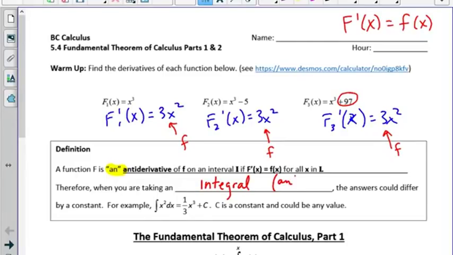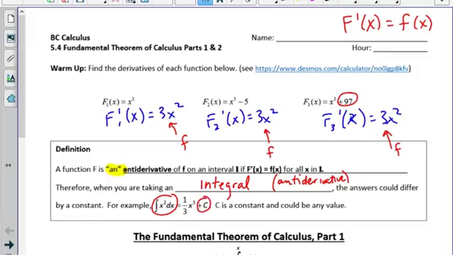Therefore, when we are taking an integral, which is often associated with antiderivative, or an indefinite integral especially, that's when we have an integral that doesn't have any numbers associated with it. So if we take the indefinite integral of x squared dx, we get 1/3 x cubed plus c. The c is a constant.